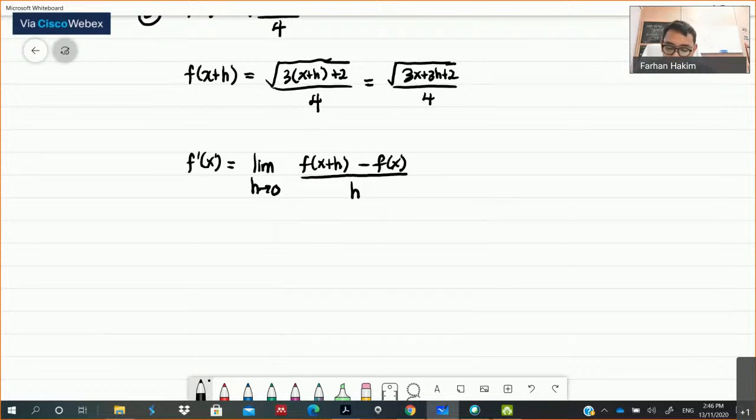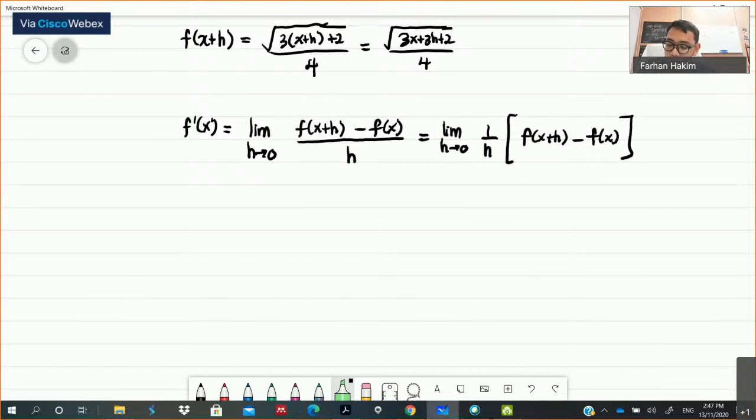This is equivalent to the limit as h approaches 0 of 1 over h times f(x plus h) minus f(x). They are just equal, so I'm going to use the second one to find the derivative.